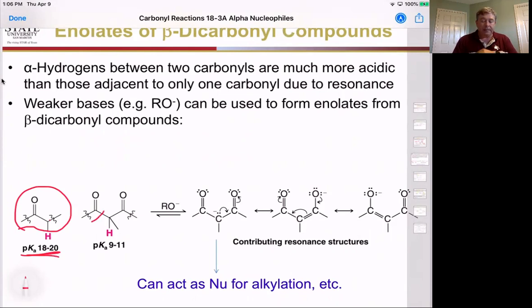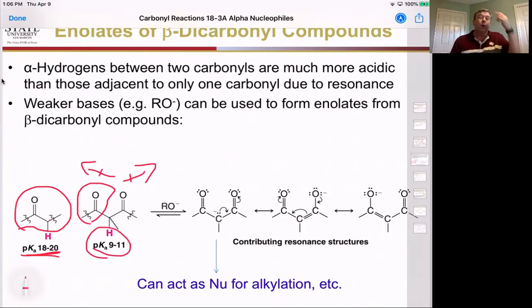By adding a second carbonyl group, we get additional electron withdrawal in both directions here, meaning the acidity of this hydrogen increases. And so we can actually use weaker bases like alkoxide to generate those enolate ions, okay? So once we have this more acidic proton here, we can generate our negative charge, and then this acts as a nucleophile that we can use in various reactions.